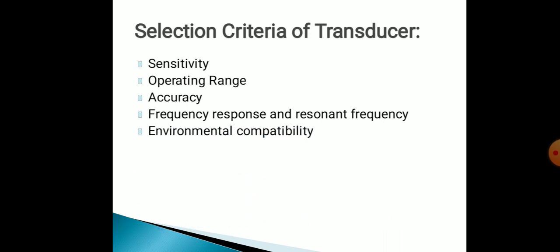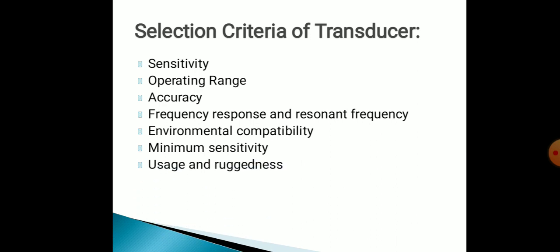Environmental compatibility. Pressure, temperature range, corrosive fluids, interaction, shocks, size and mounting restrictions should be compatible with environmental conditions. Minimum sensitivity: to expect that stimulations other than the measured one should not be sensed.